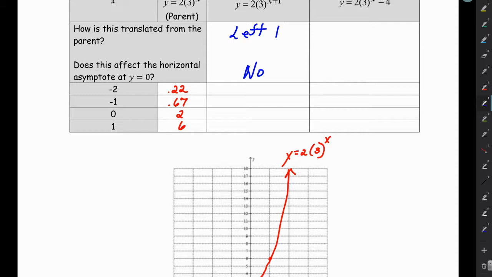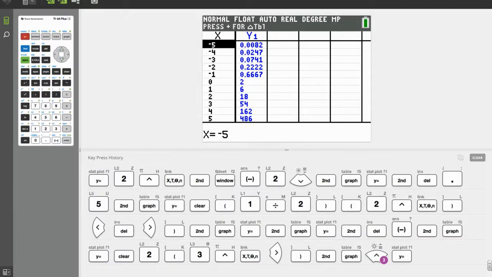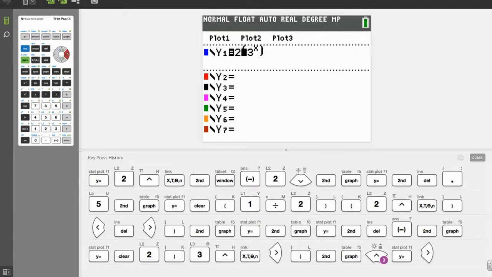So we're going to go back to our calculator and put that in our y equals. And we're going to make sure that the +1 is with the exponent. When in doubt, use parentheses. We'll go back to our table.